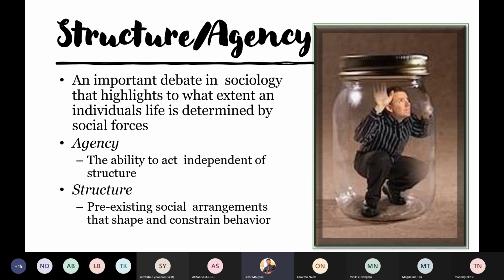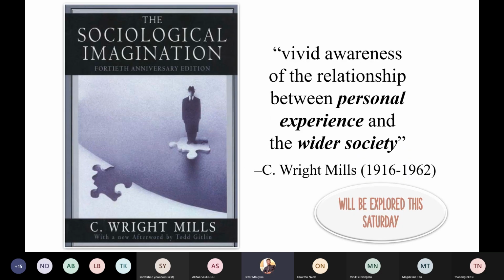So in understanding the sociological perspective, you need to look at how individuals, in their smaller groups and on their small scale, are able to influence broader society, and how broader society influences the individuals. And for you to do that, you need to apply your sociological imagination, which we're going to talk about in depth in Saturday's tutorial.